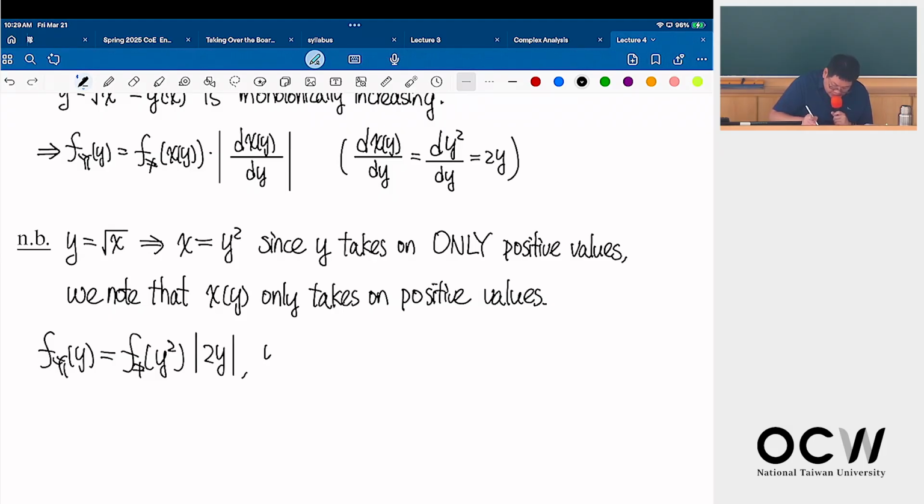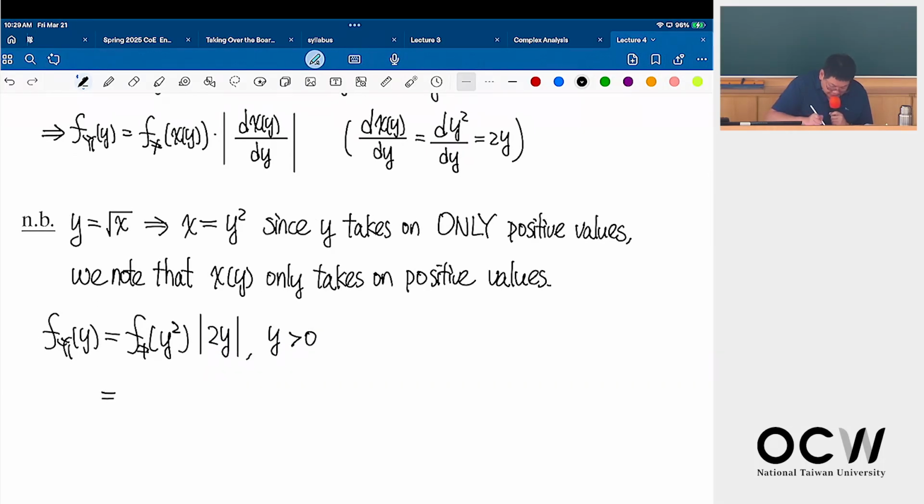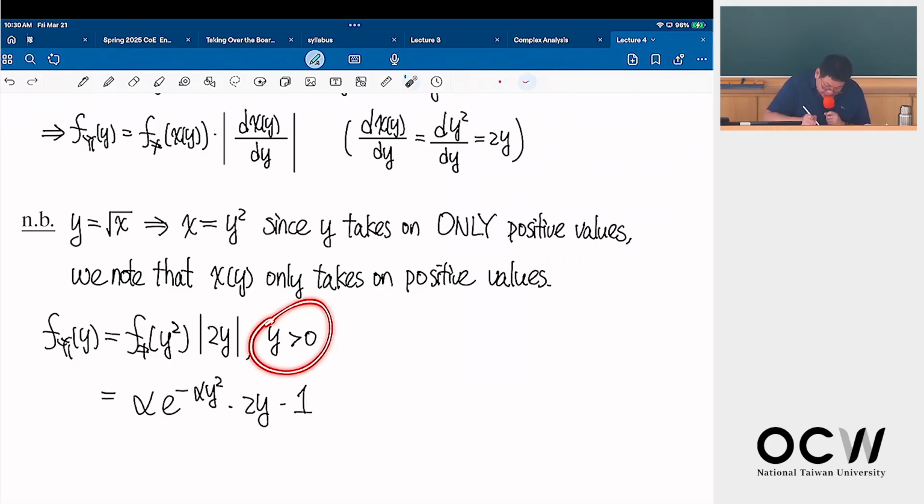My y is greater than 0. Then this is the PDF of x at y squared. So we have alpha e to the minus alpha y squared times 2y, and now y is greater than 0, so I can either write it on y is greater than 0 or use the indicator function.